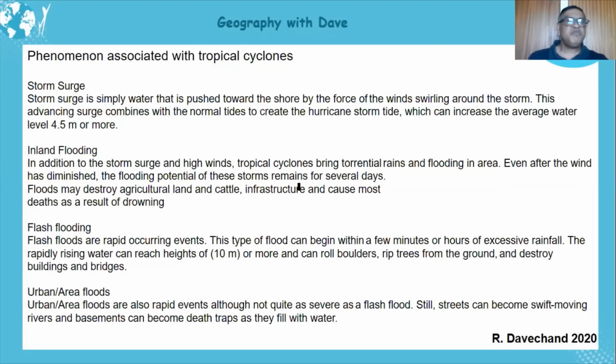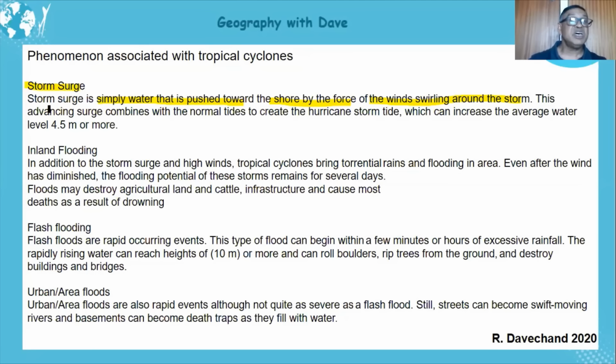All right, some things that you need to know in terms of relationship. A storm surge. A storm surge is simply water that is pushed towards the shore by the force of winds swirling around the storm. Okay, the force pushes the water onto the shore. Okay, remember these are high wind speeds.